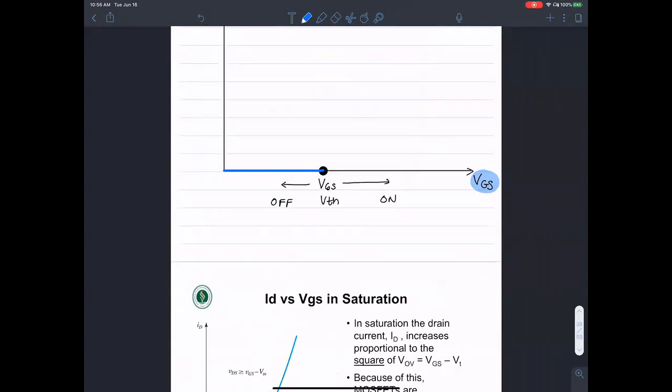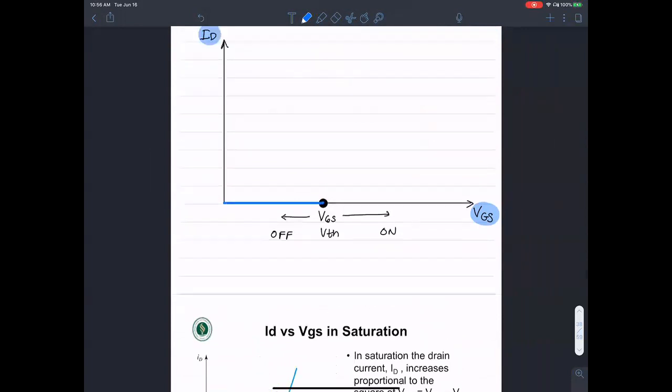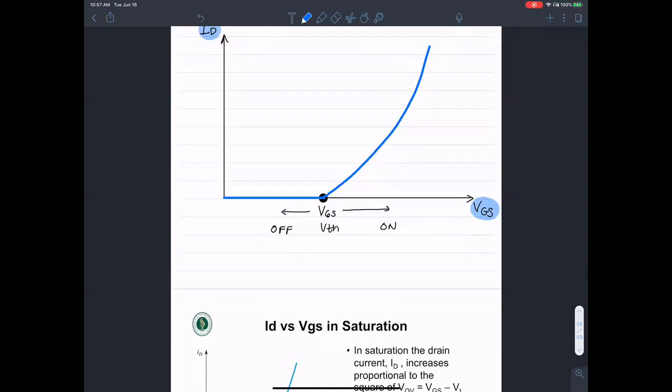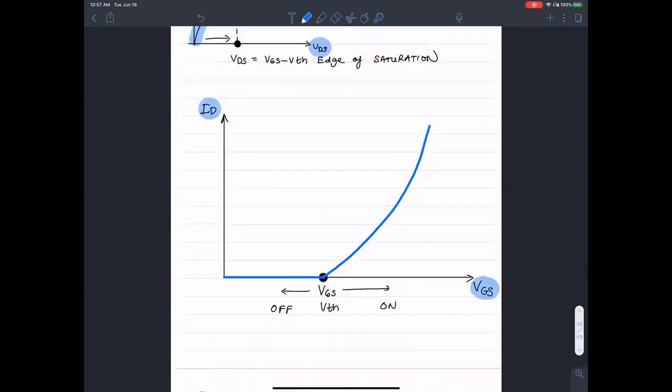Once the voltage VGS increases beyond the threshold voltage, I should see a square law dependence, a parabola. That is how the ideal scenario would be.